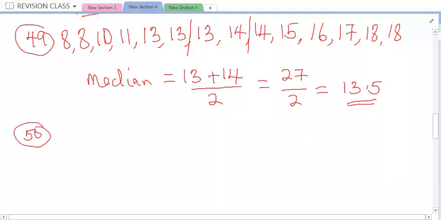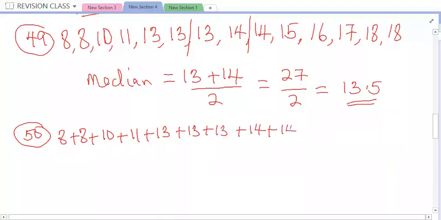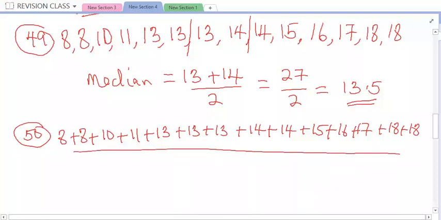We need to add all the data together. So we have 8 plus 8 plus 10 plus 11 plus 13 plus 13 plus 13 plus 14 plus 14 plus 15 plus 16 plus 17 plus 18 plus 18, everything divided by the number of data that are collected, and that is 14.